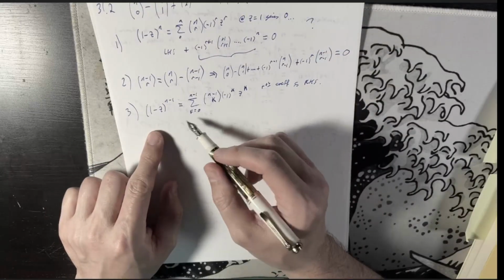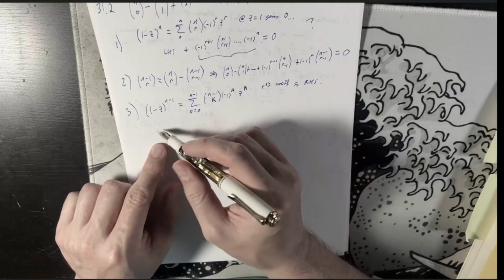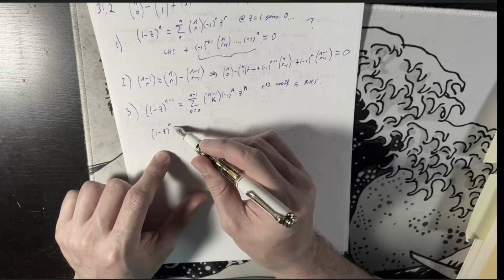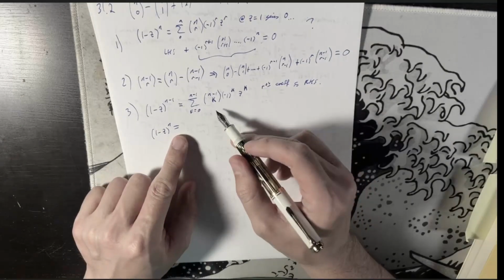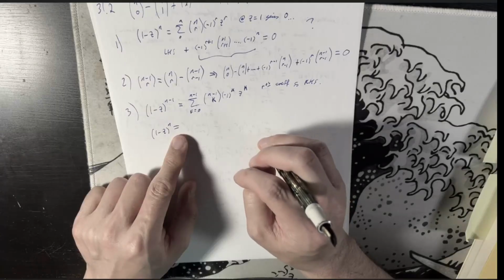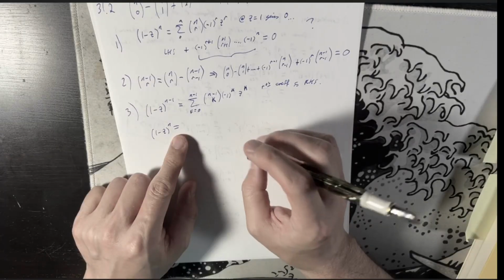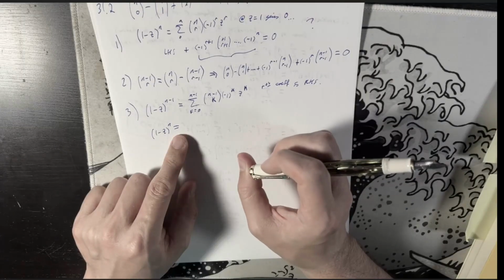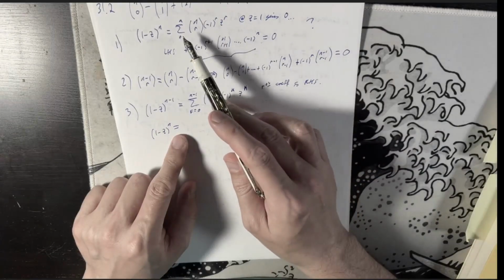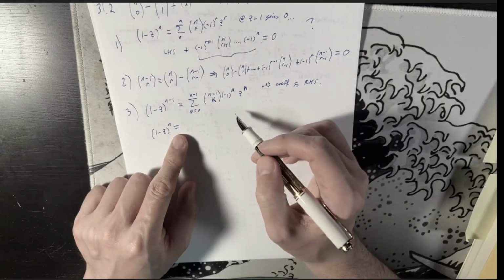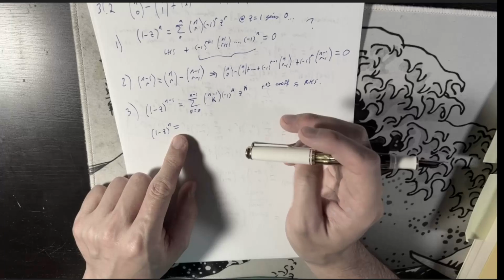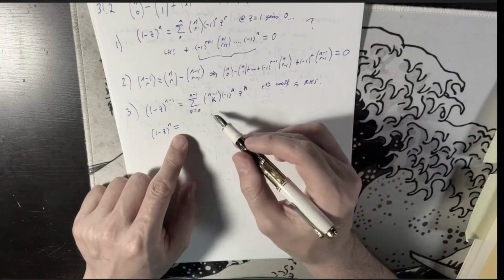If you multiply this by like 1 minus z, of course you get this stuff, but yeah, it changes this whole thing.